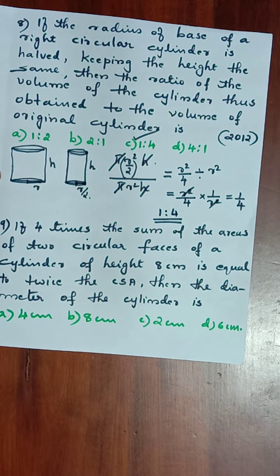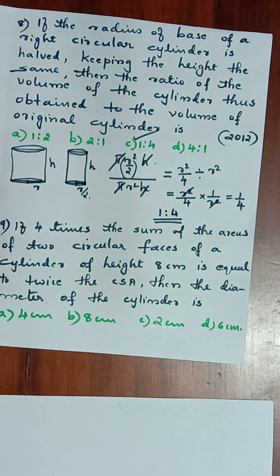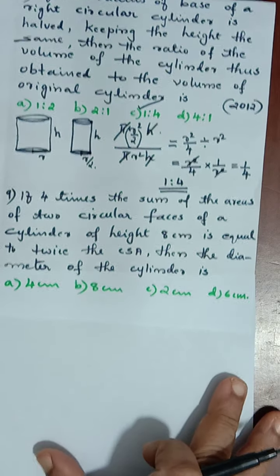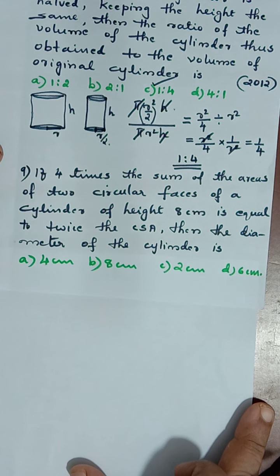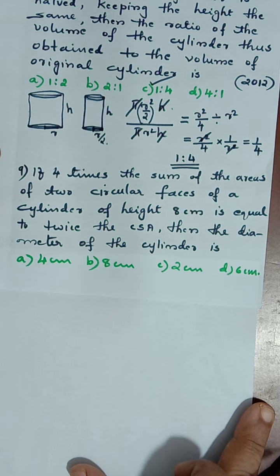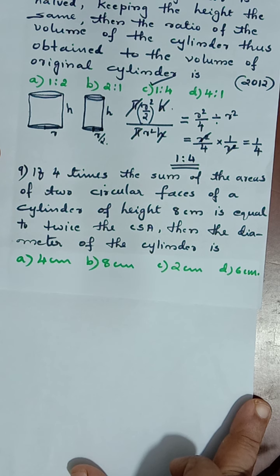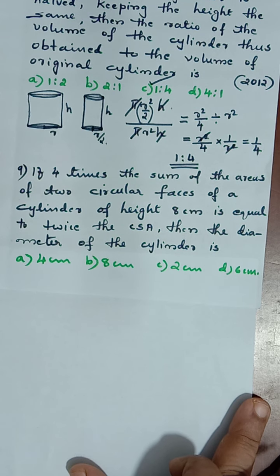Now comes the next question. If 4 times the sum of the areas of the two circular faces of a cylinder of height 8 cm is equal to twice the CSA, then the diameter of the cylinder is.